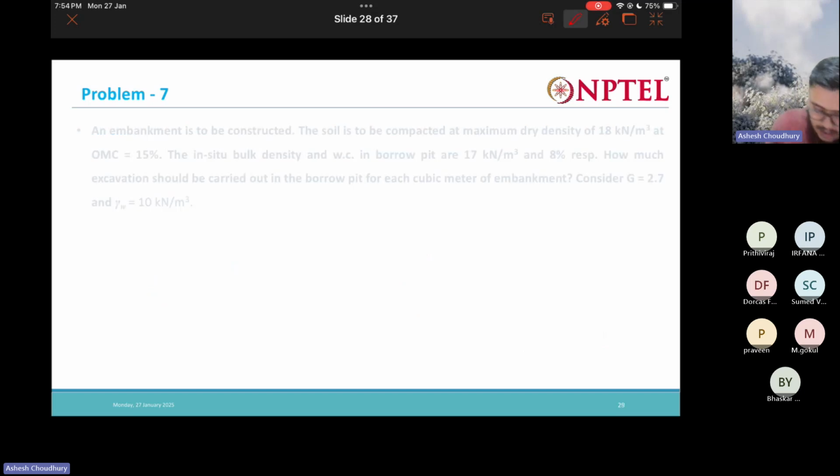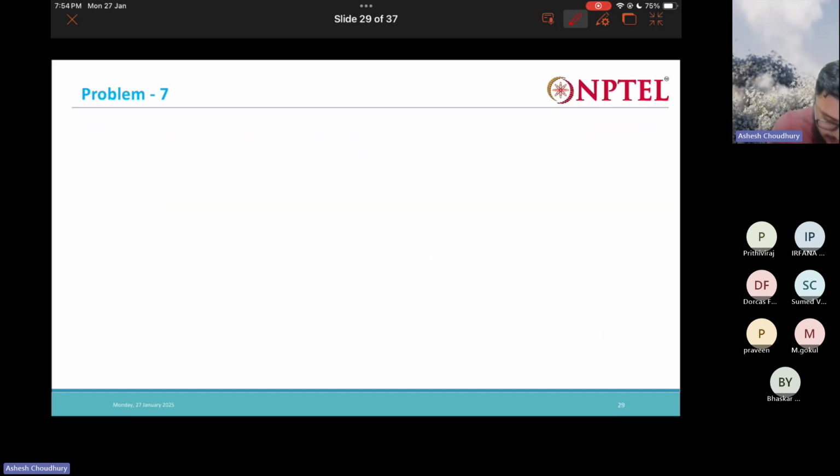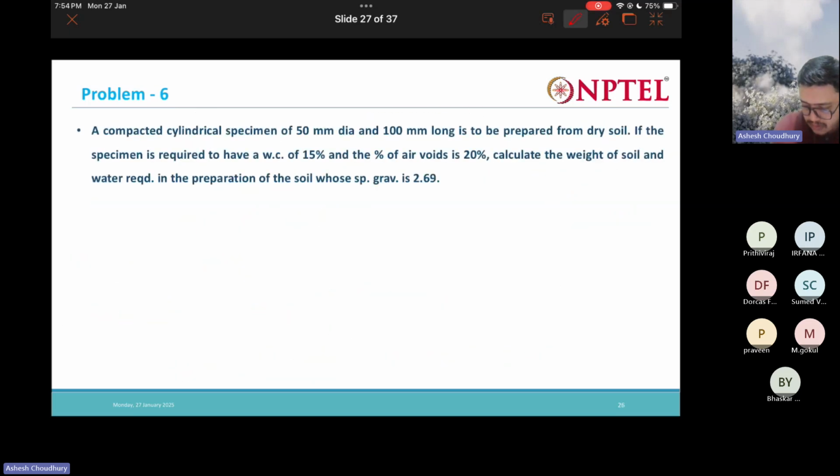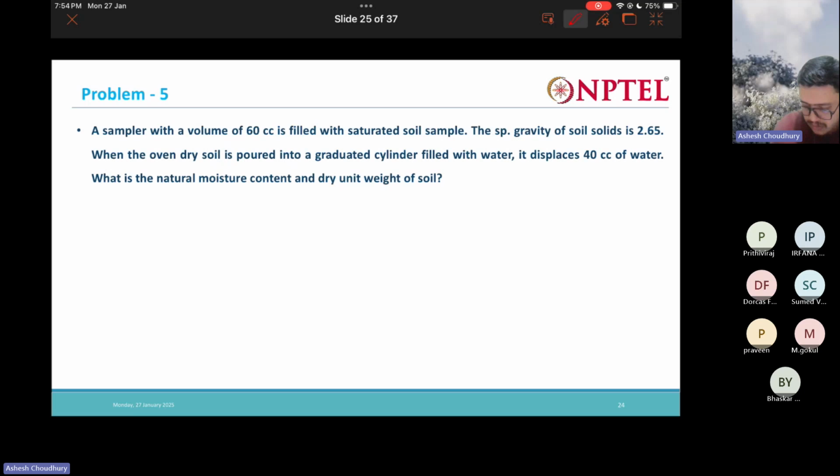Next we can write gamma 1 for the borrow pit. Gamma 1 is G into 1 plus w over 1 plus e, into gamma w.